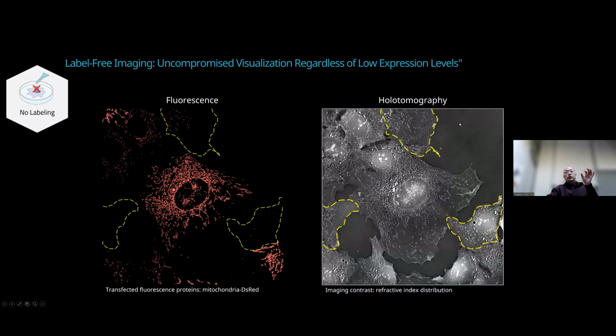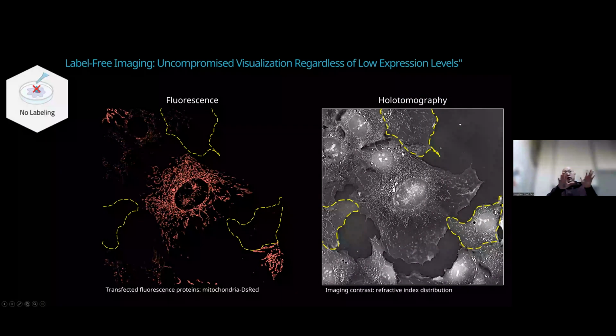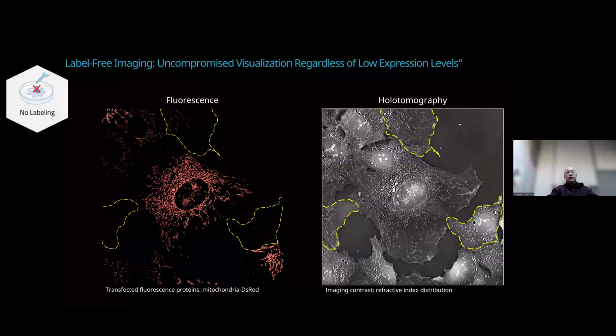And if you use the HT mode, you can see the well-matched images captured by the holotomogram. But you can also notice that there are other adjacent cells which are expressing the mitochondria, but those are not picked up in the conventional microscope because of many reasons, like the low expression levels and the low imaging contrast and so on. But we do not miss any of that information in HT mode.